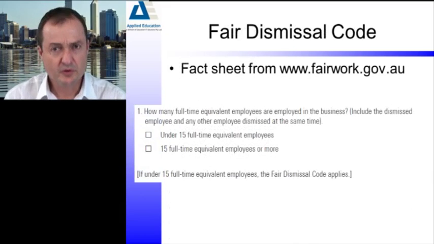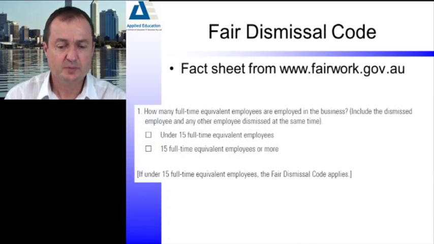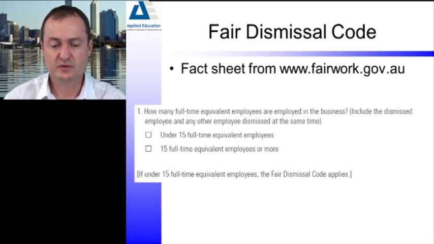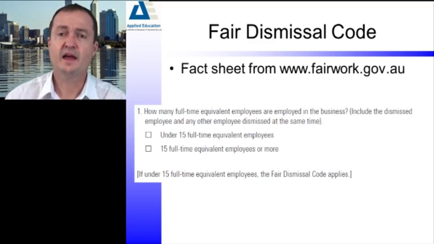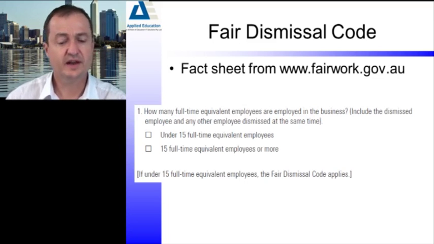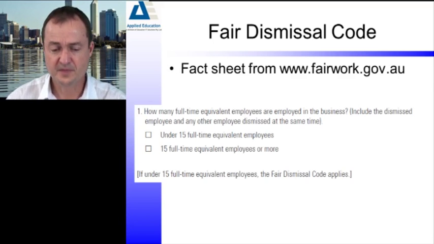Where a dismissal is possible, you would also need to be mindful of unfair dismissal laws, which are part of the Fair Work Act. Rather than talking about unfair dismissal, I'd prefer to talk about fair dismissal. And on the Fair Work Australia website, you can actually download the Small Business Fair Dismissal Code.